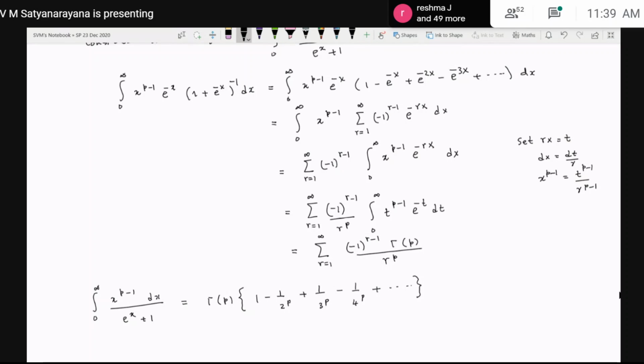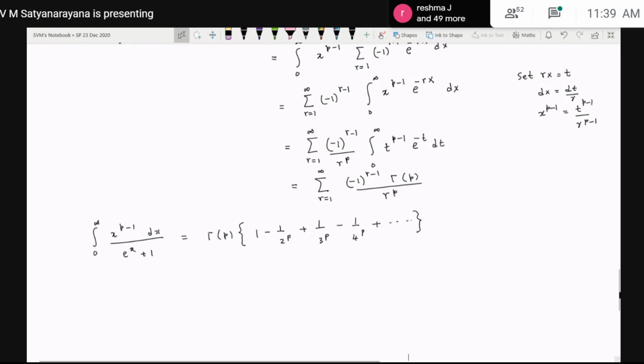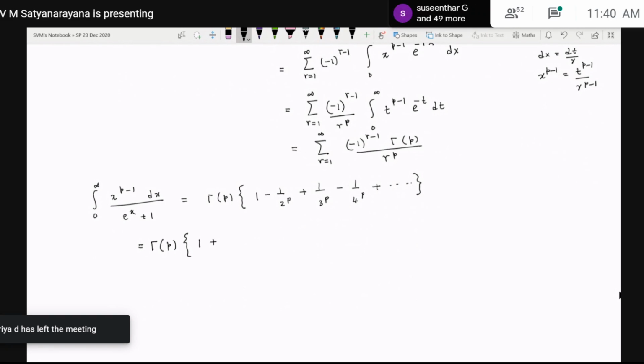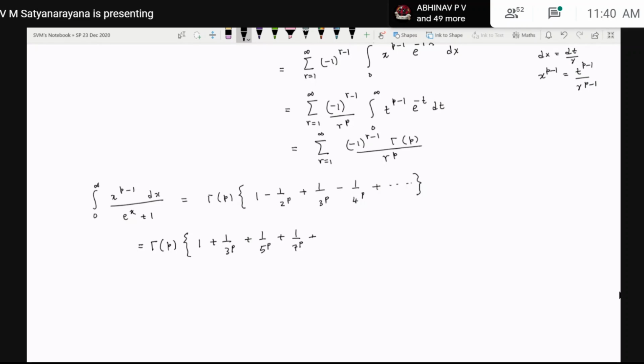Okay, so now let me write this in the following fashion. So this is equal to gamma of p. First let me write down that this has 1 plus 1 by 3 to the p plus 1 by 5 to the p plus 1 by 7 to the p, because these are all odd terms with plus sign.